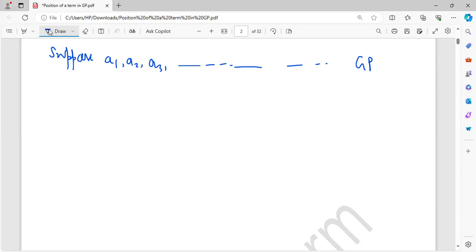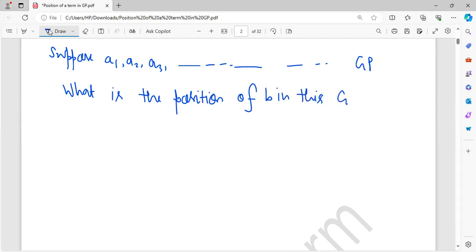Now someone can ask, what is the position of B in this GP? Because B will be somewhere. So what is the position? How will we do such a question?